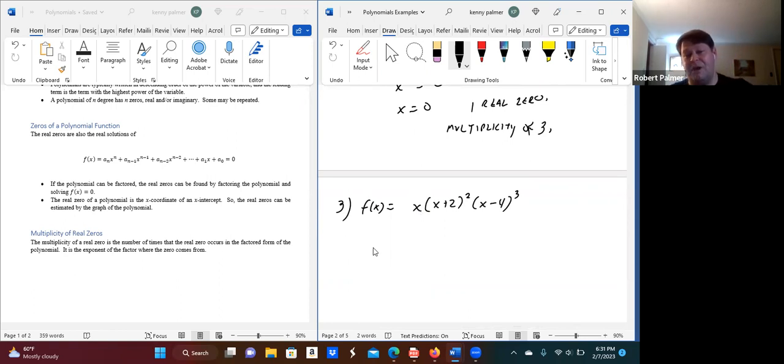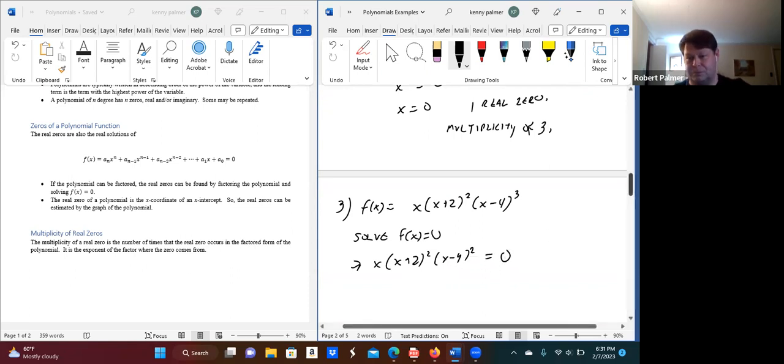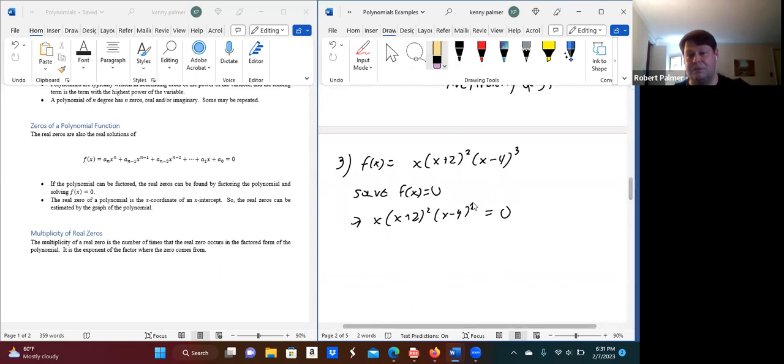Now, to find our zeros, once again, we want to solve f of x equals 0. So we just take this and set it equal to 0: x times (x plus 2) squared times (x minus 4) cubed equals 0.